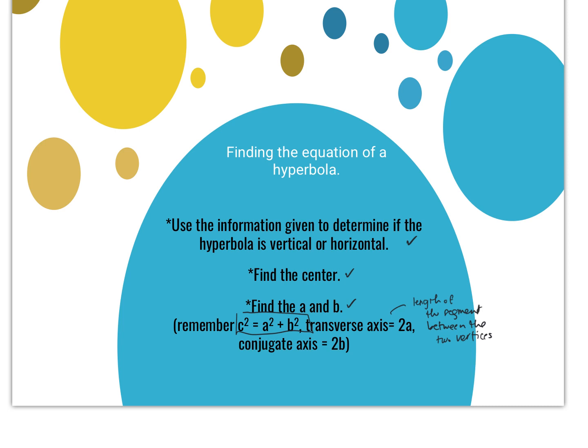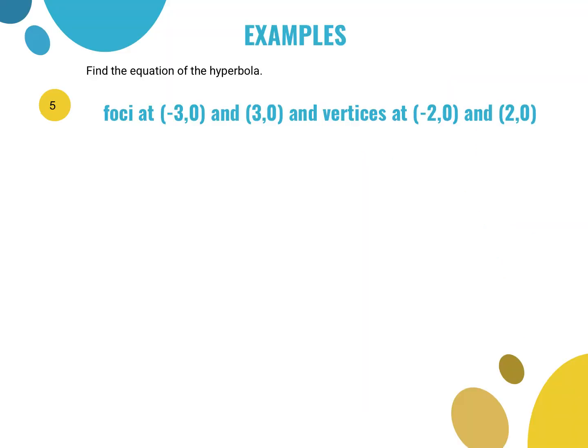So let's see what we're talking about here. A little sketch is always helpful. They're telling us that our foci are located at (-3, 0) and (3, 0). So there's a focus at (-3, 0), and the other focus at (3, 0). If my two foci are on the x-axis, I know this is going to be a horizontal hyperbola.